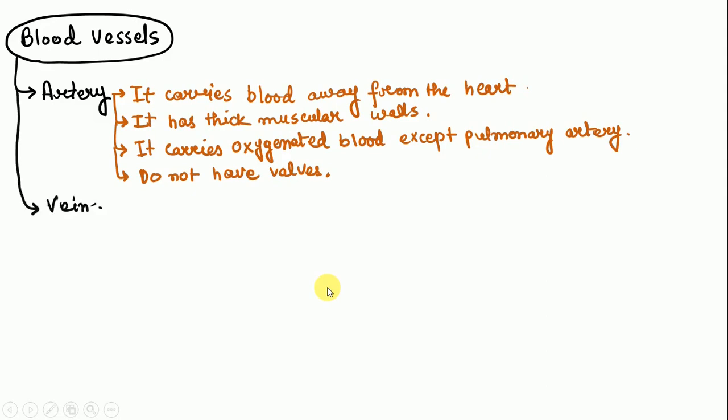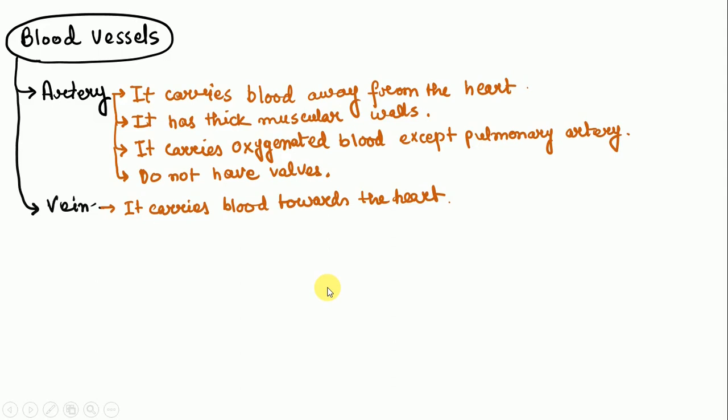Second is vein. Vein carries blood towards the heart. From all the body parts, the vein carries carbon dioxide rich blood. In the body, the cells are producing carbon dioxide. This carbon dioxide gets inside the blood and needs to be removed from our body.